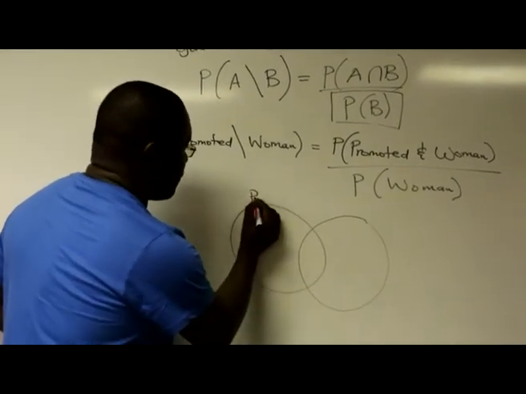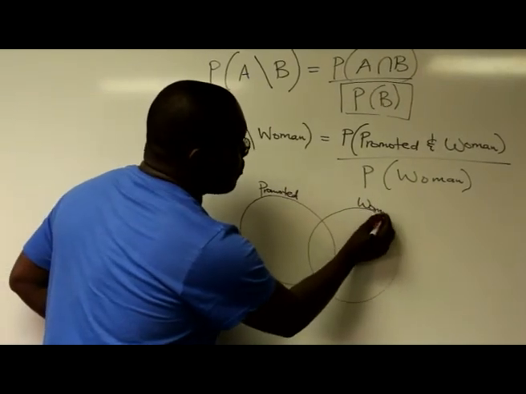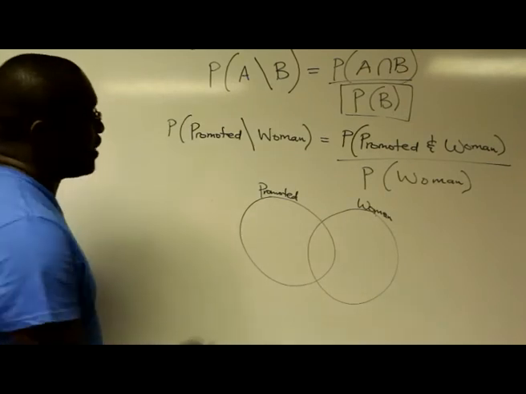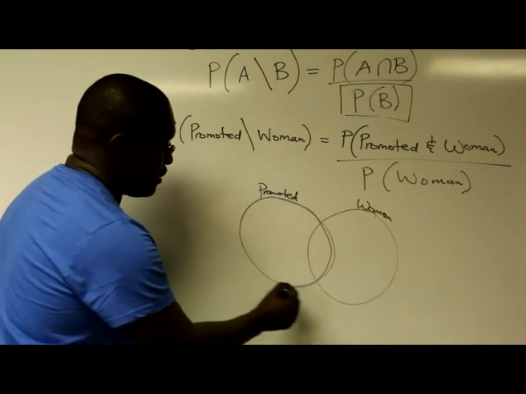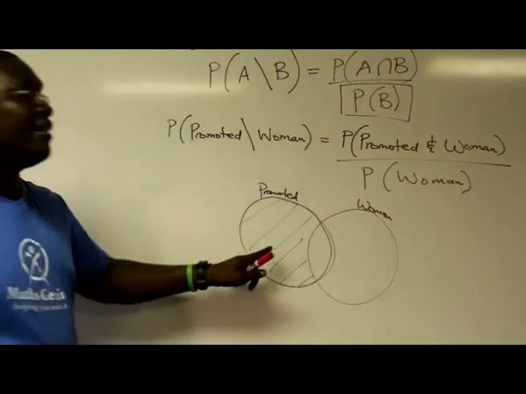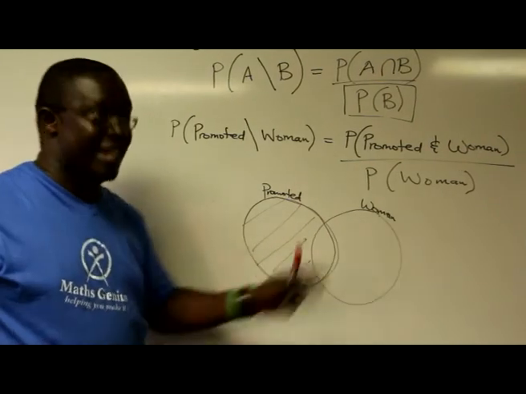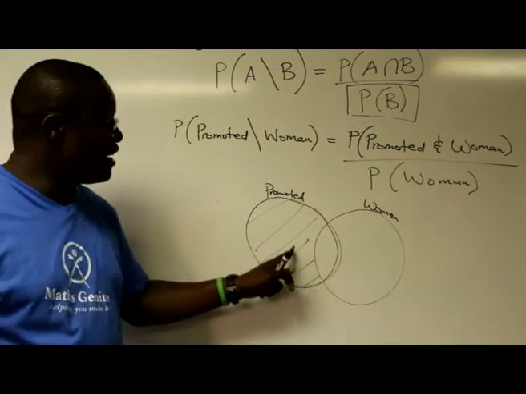I'll call this promoted, I'll call this woman, right? The set of all women. Right, so this is a set of all the people that were promoted, right? So this part, the one that I'm shading right now, this is the set of all people who were promoted who are not women. The set of all people who were promoted who are not what?